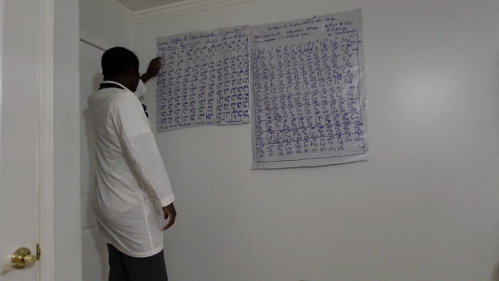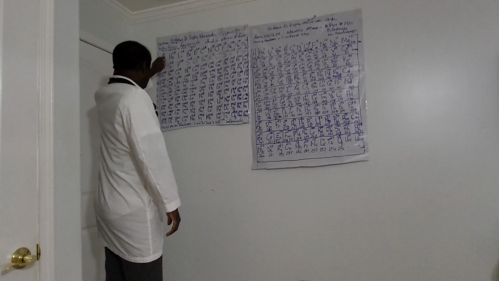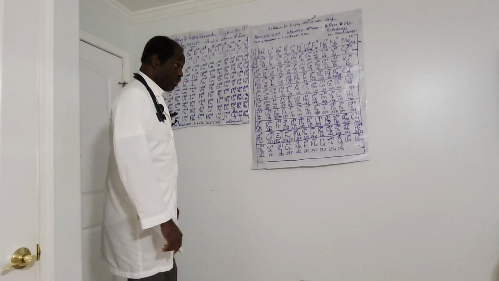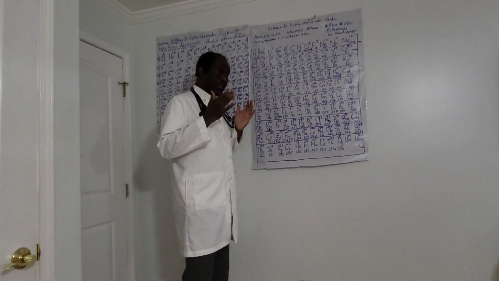So let us start here. The electron focus is congruent to the protons focus, as the amount of protons in an atom is equal to the amount of electrons, and that makes the atom electrically neutral.